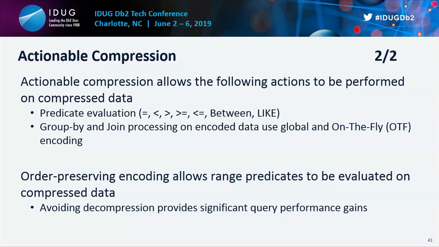Even some of the group by and join processing will encode data and use on-the-fly encoding to compress it in memory and do as much on the compressed data as possible. And avoiding decompression is significant: if you are doing 1 million comparisons and you encode once versus decoding 1 million times, think of how much faster that is.